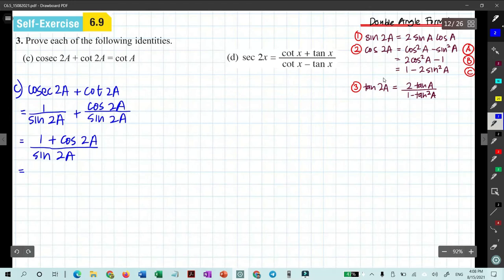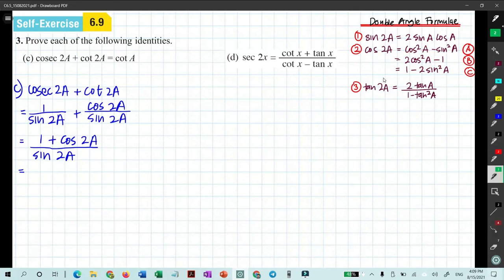And if you look very carefully at the second formula in the double angle, formula number 2, option B, which is the one here, if you transfer the minus 1 to the left hand side, you get cos 2a plus 1, and cos 2a plus 1 is equal to 2 cos square a.